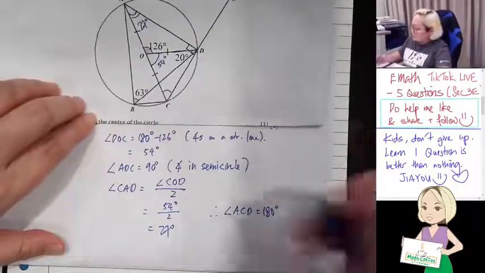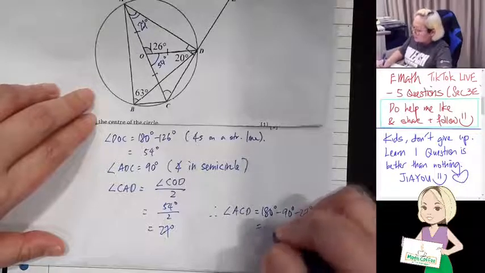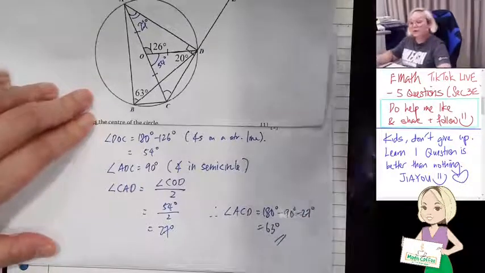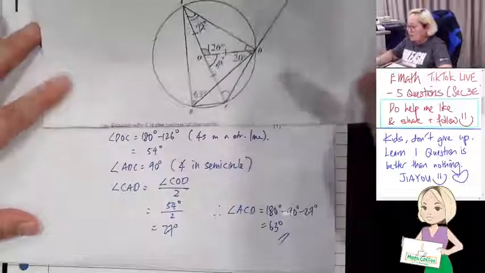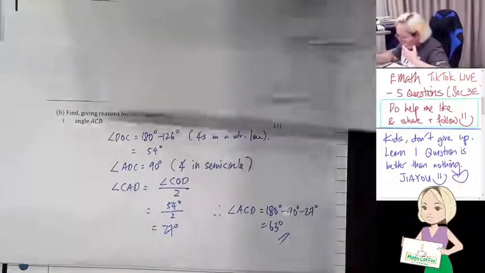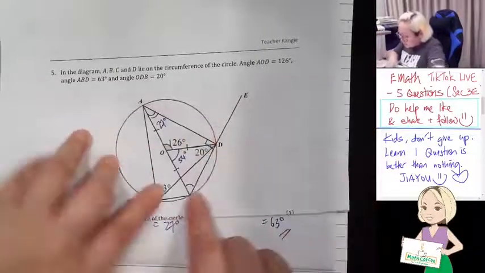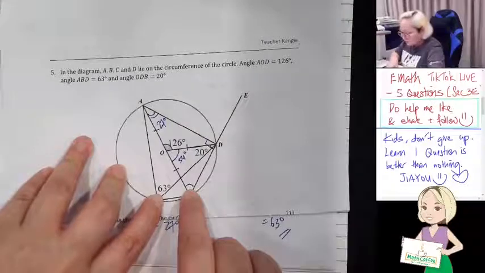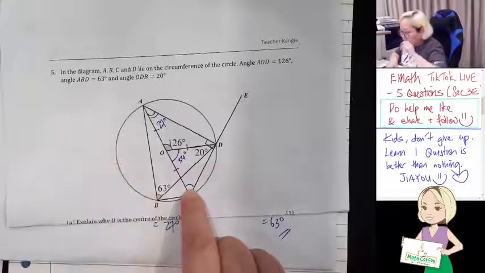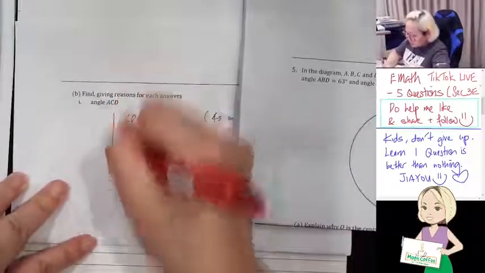Okay, 180 minus 90 minus 27, and I get 63 degrees. This is not a very good long method, because I realized these two angles in the same segment are the same as 63. I saw it too late, but never mind, I'm going to just put it at the side.